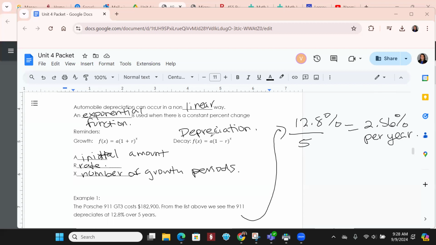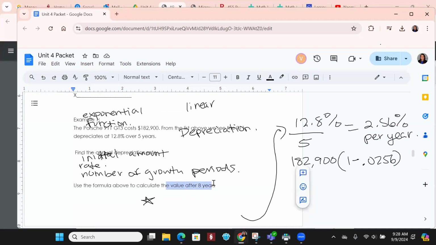Okay, if that's the case, then what was our principal amount? 182,900. We're going to do 1 minus 0.0256. And we want to find the value of the car after how many years? Is it 5 years?